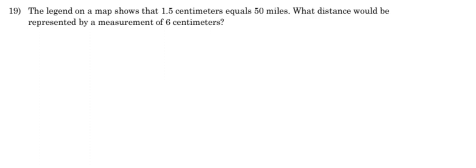And finally, number 19, there's a legend on a map that shows 1.5 centimeters is equal to 50 miles. Well, 1.5 over 50 is equal to, what distance would be represented by a measurement of 6 centimeters. Well, this 1.5 was centimeters, so I'm going to leave 6 centimeters on top, and on the bottom, x miles.